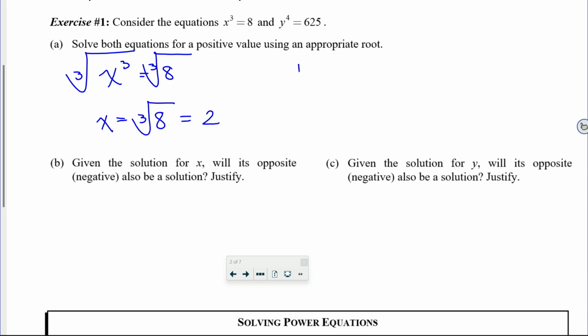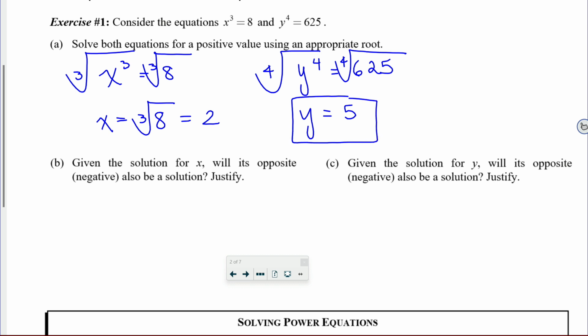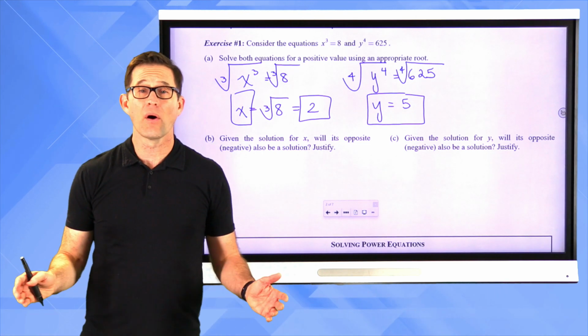Likewise, if I have y to the fourth equals 625, I will take the fourth root of both sides, and the fourth root of 625 is in fact 5. So I have x equals 2 and y equals 5. Great, nothing all that unusual.